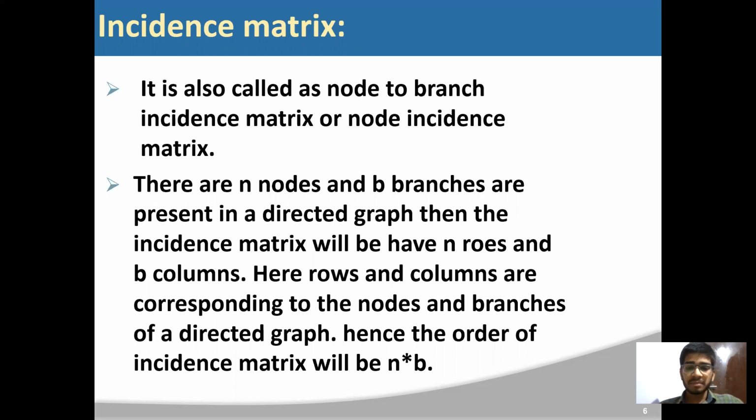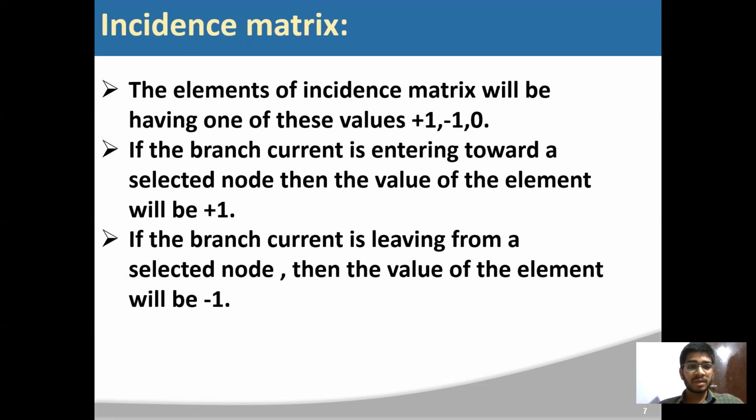If there are n nodes and b branches in a directed graph, then the incidence matrix will have n rows and b columns. Here, rows and columns correspond to the nodes and branches of the directed graph. Hence, the order of the incidence matrix will be n into b. The elements of the incidence matrix will have one of these values: +1, -1, or 0.